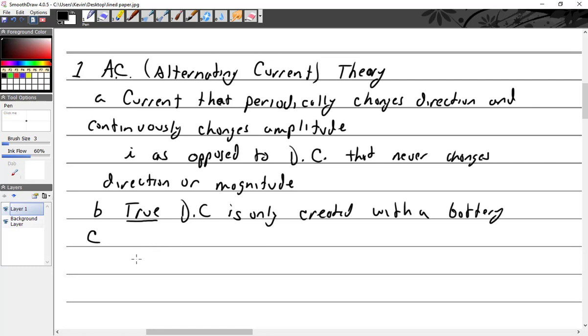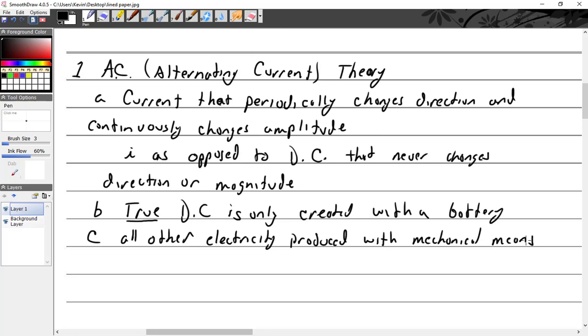All other electricity produced from mechanical means is AC converted to DC. What does that mean? Turning mechanical energy into electrical energy. So what are those devices?